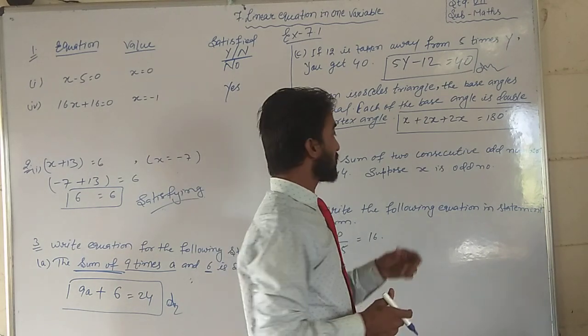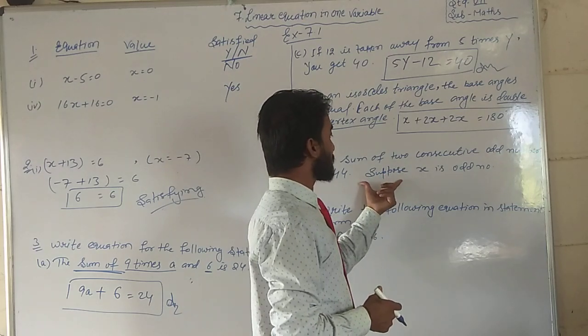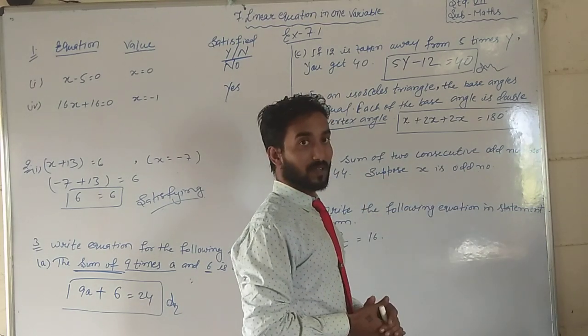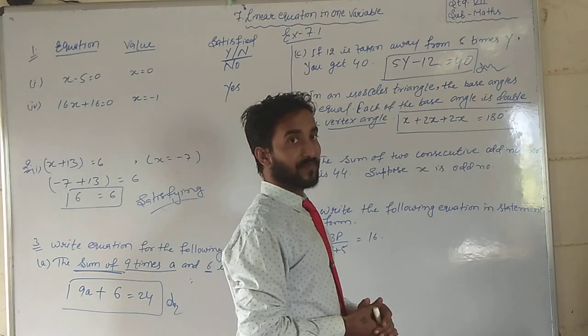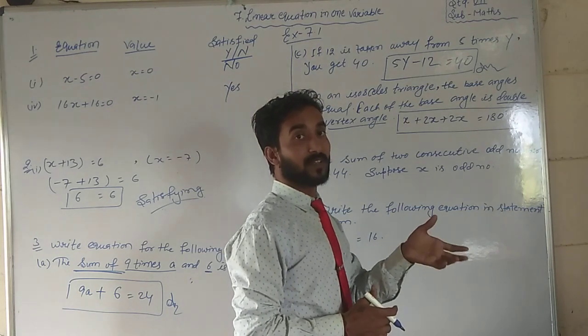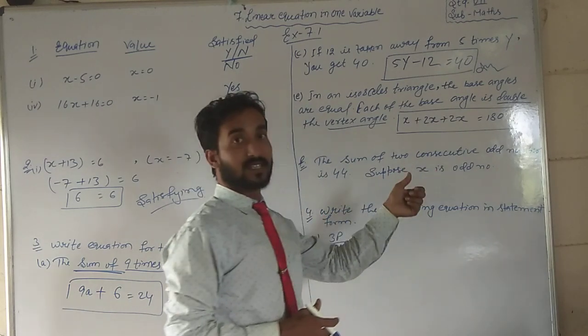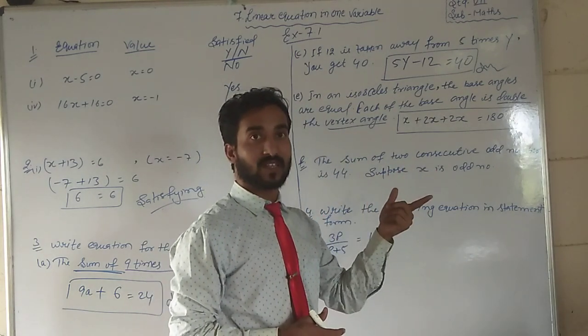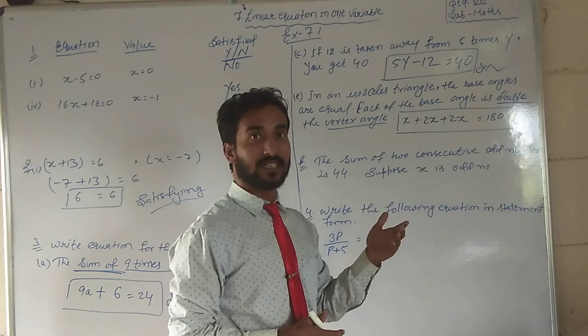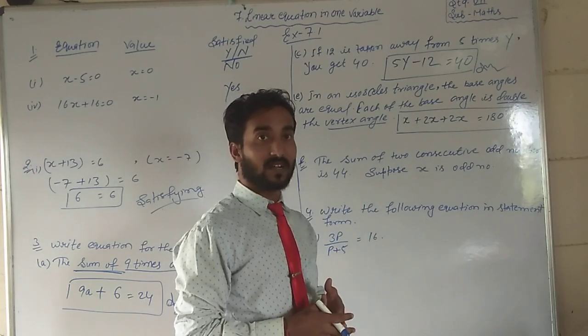In that way. So suppose x is an odd number. What will be the next term which will be odd? X plus 1, x plus 2, x plus 3, x plus 4. In that way it will be continuous.